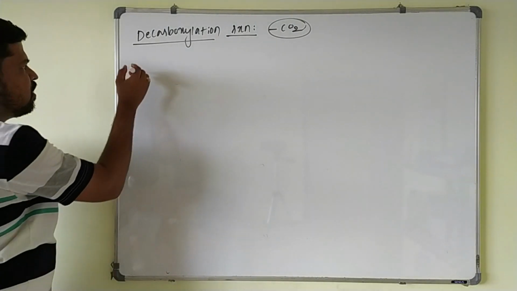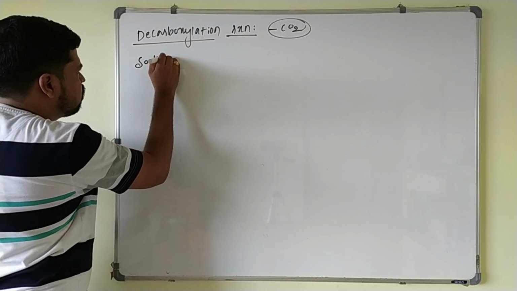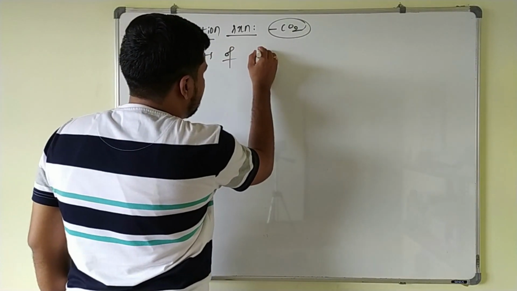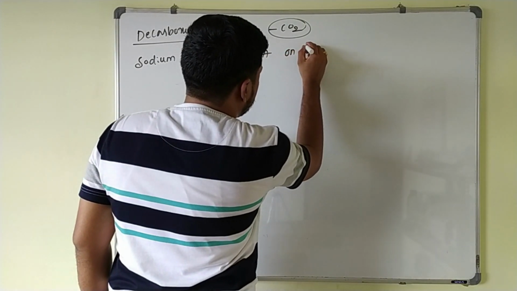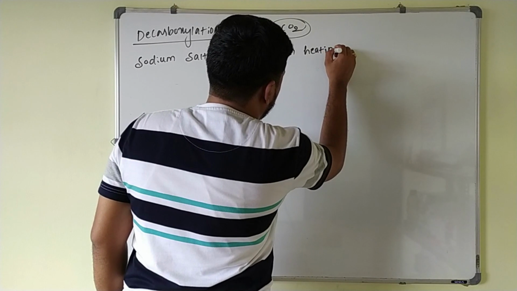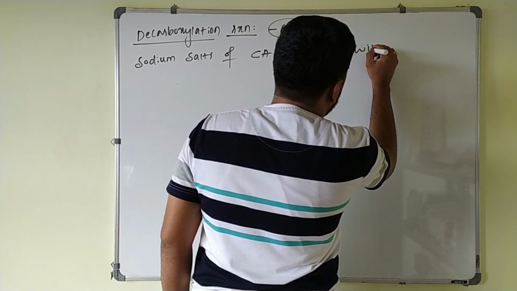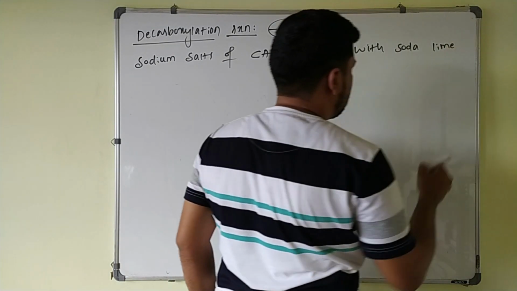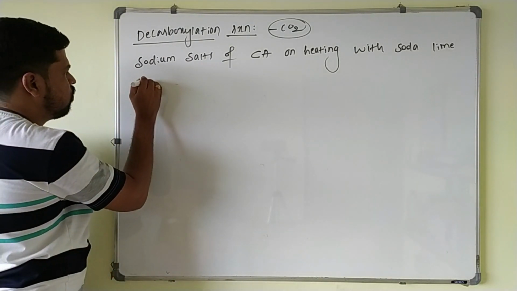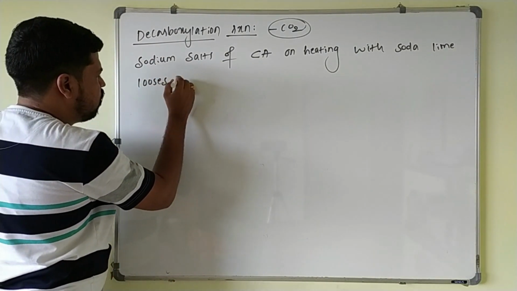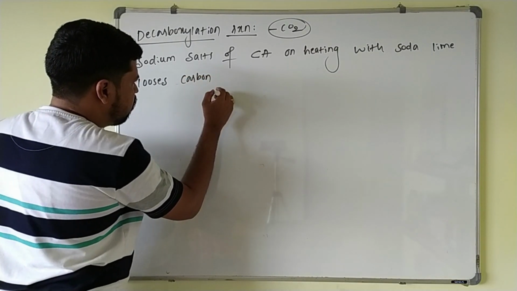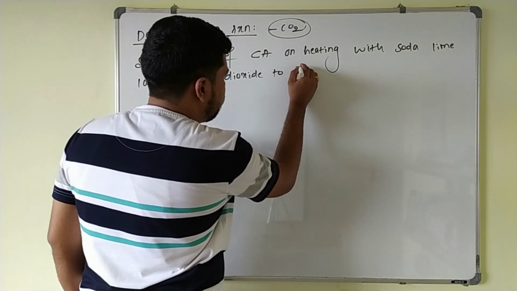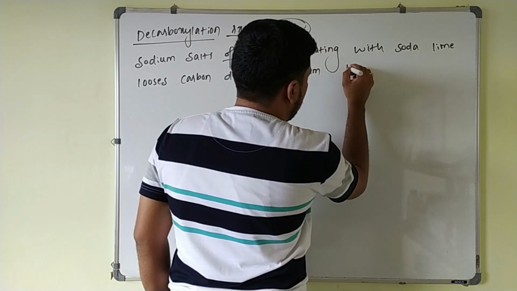So in this reaction, sodium salts of carboxylic acid on heating with soda lime lose carbon dioxide to form hydrocarbons.